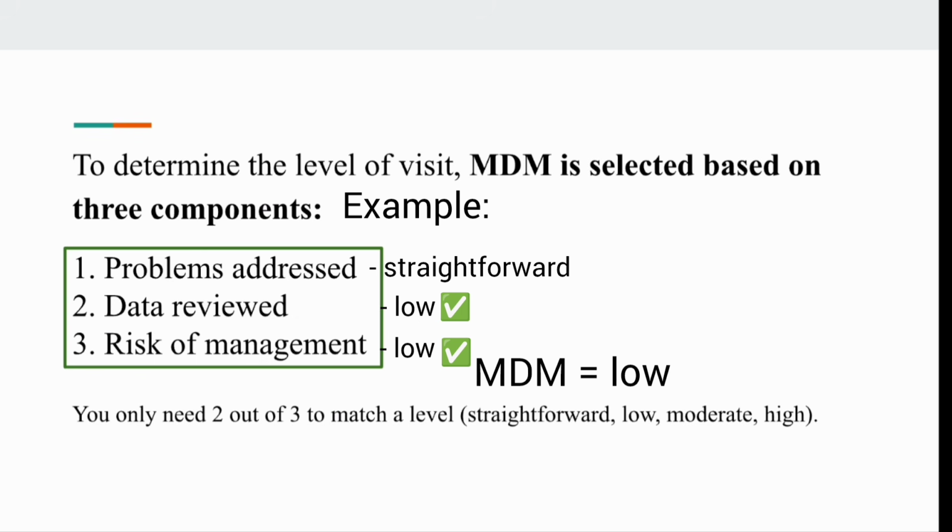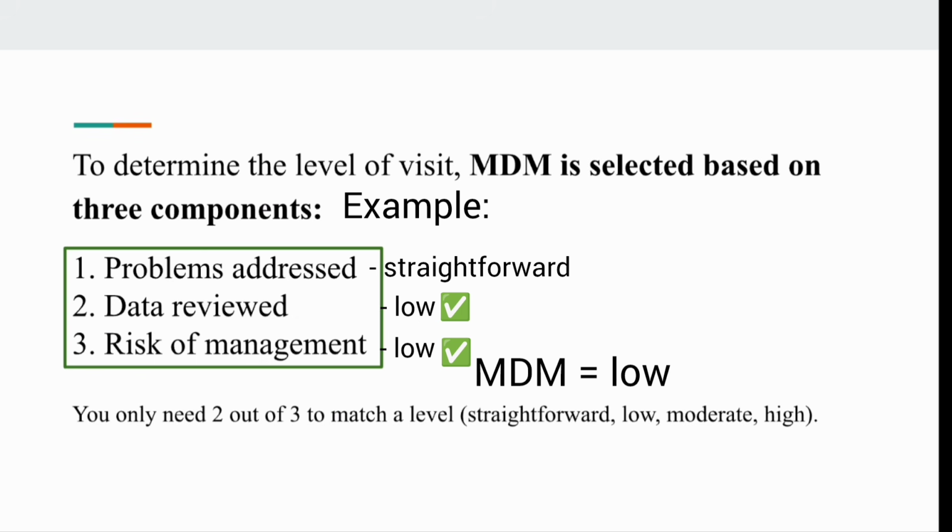Therefore, we need 2 out of 3 to match a level. So, since the data reviewed and risk of management was low, we have to bill low MDM. So, like this, we have to use these three components to select the level of MDM. When I say level of MDM, it means straightforward, low, moderate, or high.